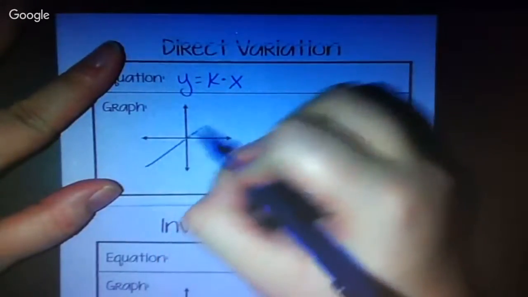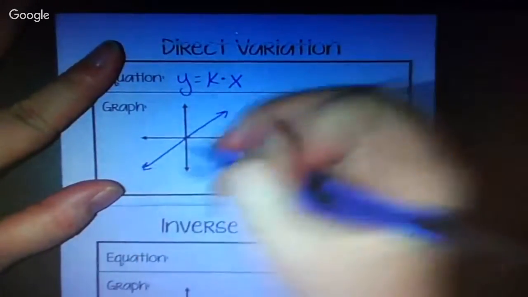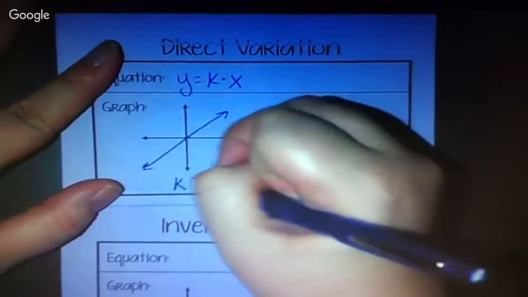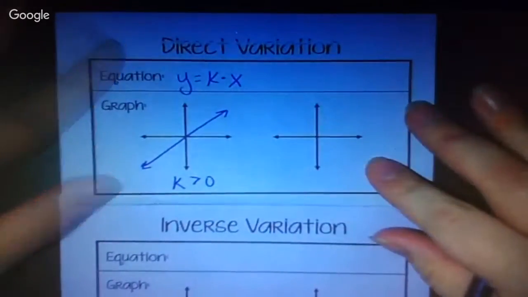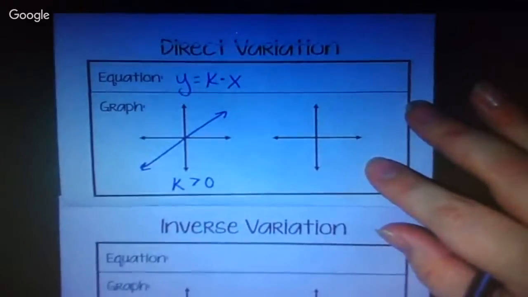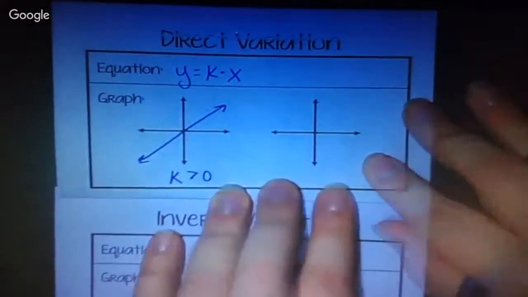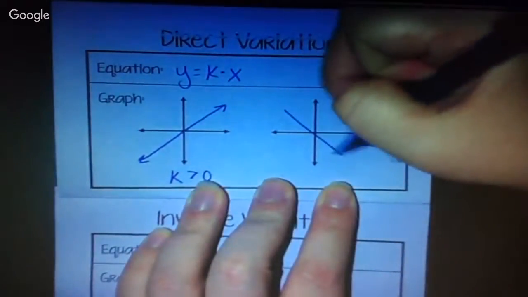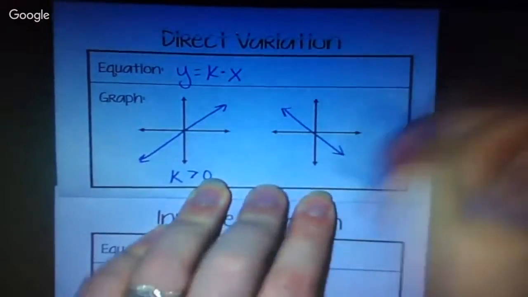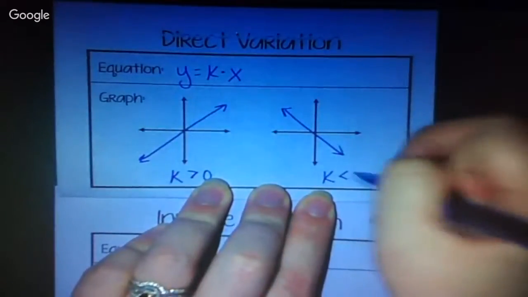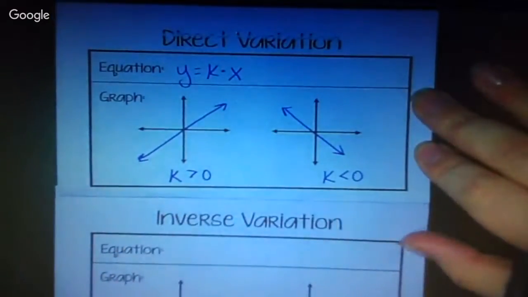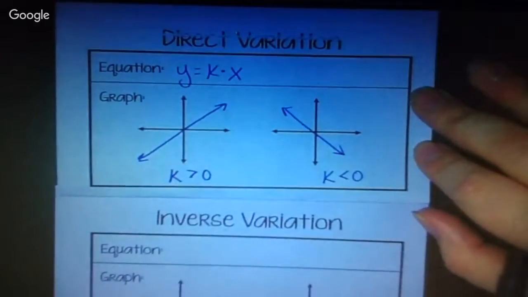So we had a line that would look like this, and this is when k is greater than 0, when you had a positive slope. Or my graph could have looked like this, which means k was less than 0. So those were the two graphs we looked at yesterday. We said it always went through the origin.